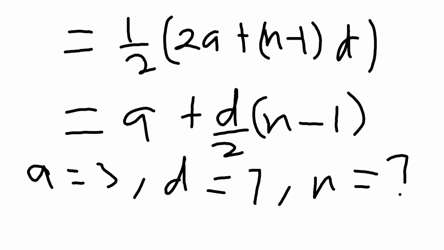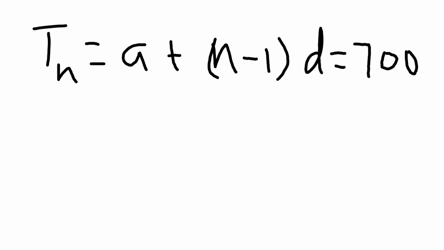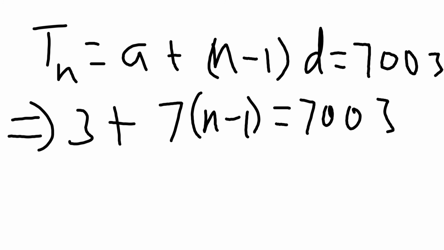Now we remember that the nth term of the arithmetic progression, Tn, is equal to a plus n minus 1 times d, and this is nothing but 7,003. That is what it is equal to. But what is our a? This will give us that 3 plus, what is d? 7 into n minus 1 is 7,003.